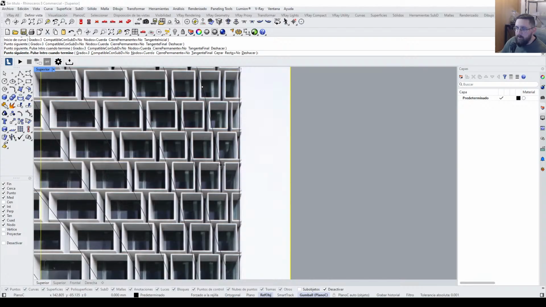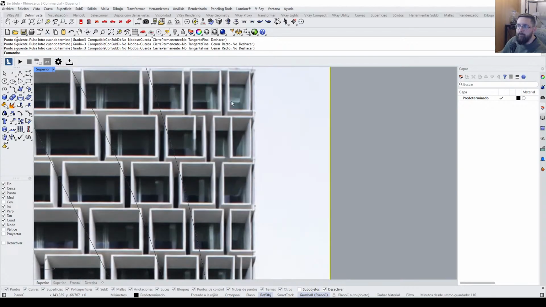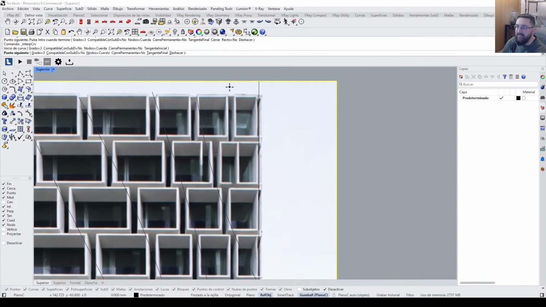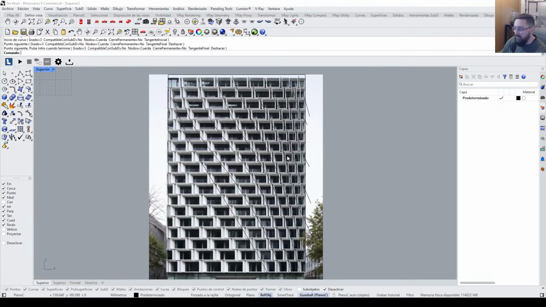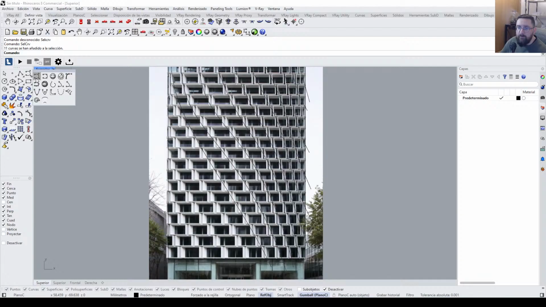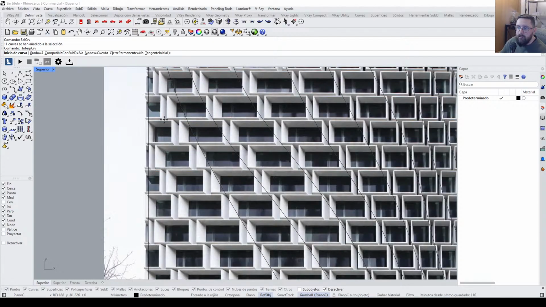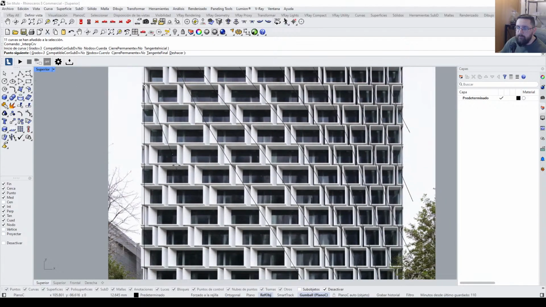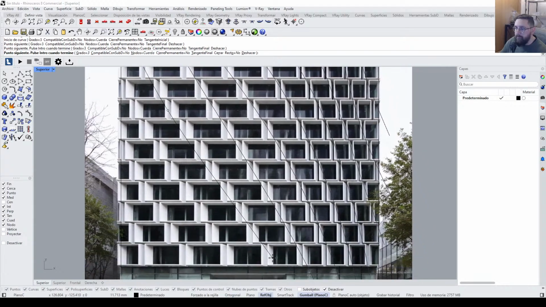Con paciencia y saliva. I shouldn't have said that. Okay. What curves am I missing? I'm missing these ones. Okay, fair enough. This is an approx.